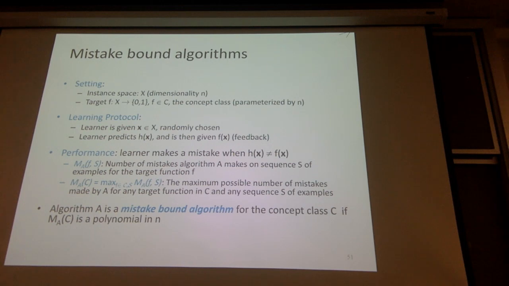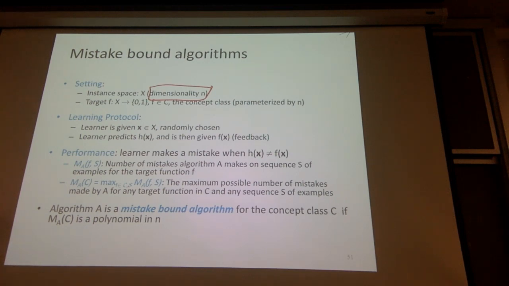So we're going to define an algorithm to be a mistake-bound algorithm if even the worst case number of mistakes is polynomial in n, which is the dimensionality of the problem. It's just a name. So far, all I have done is defined a set of things.